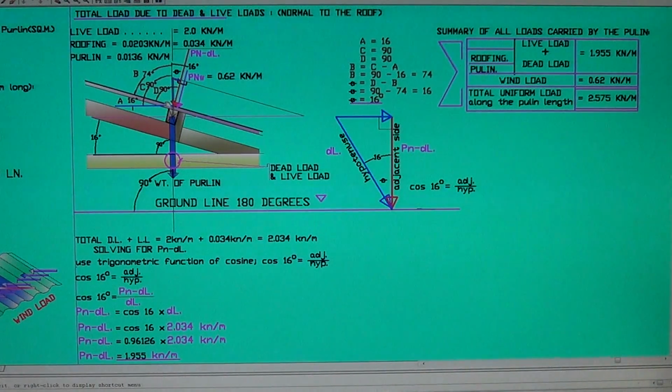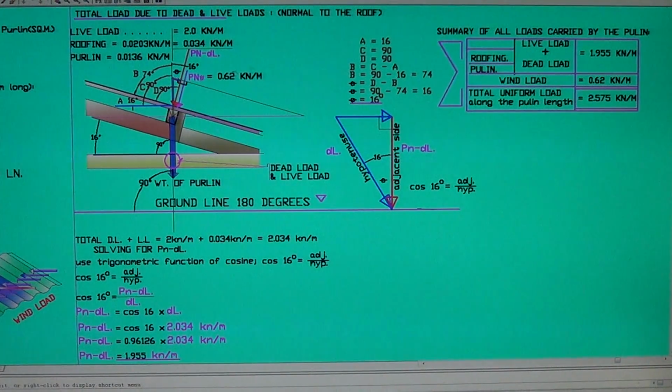Now the Pn is 90 degrees to the roof line. So they're overlapping there. So this is 90 degrees, and minus that B angle there, 74.